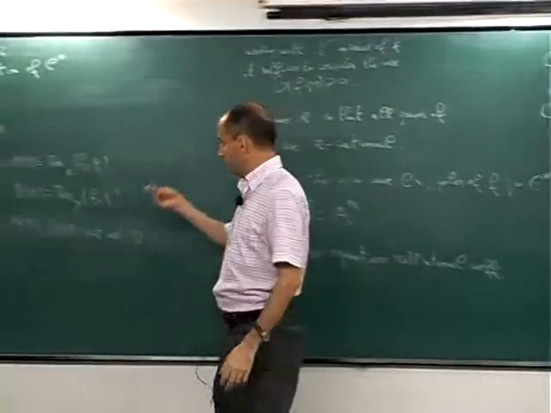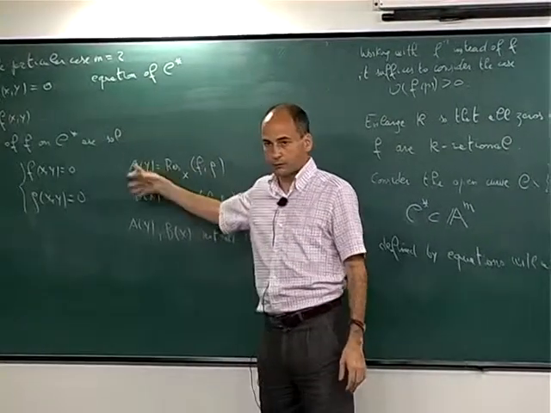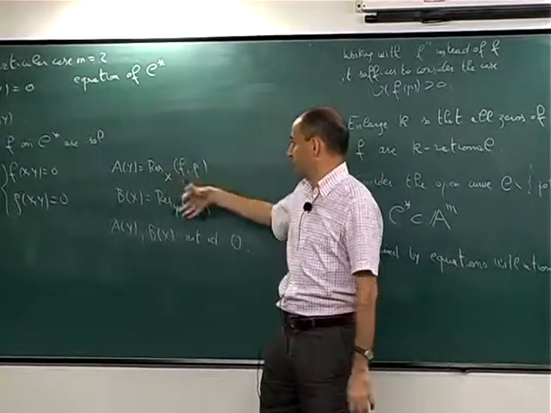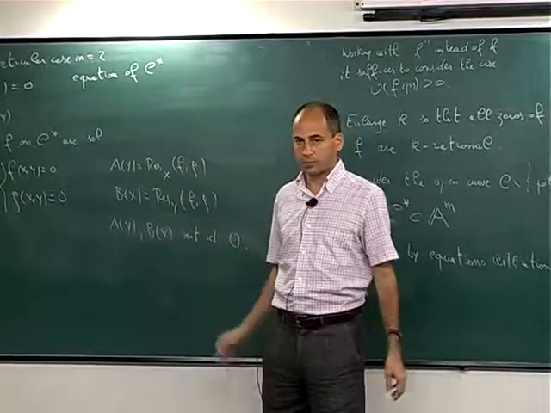So you have a finite number of reasonings of this type, and each time you have to consider some bad primes.